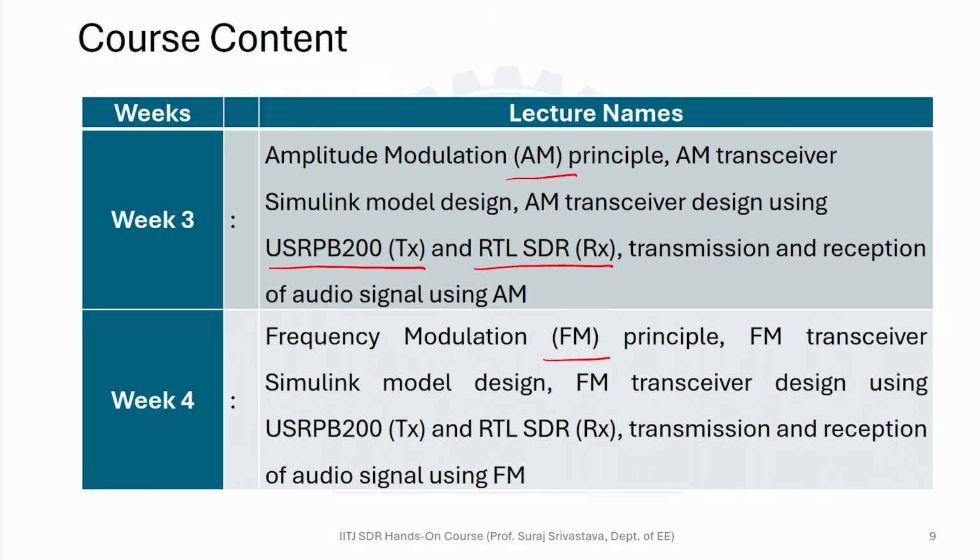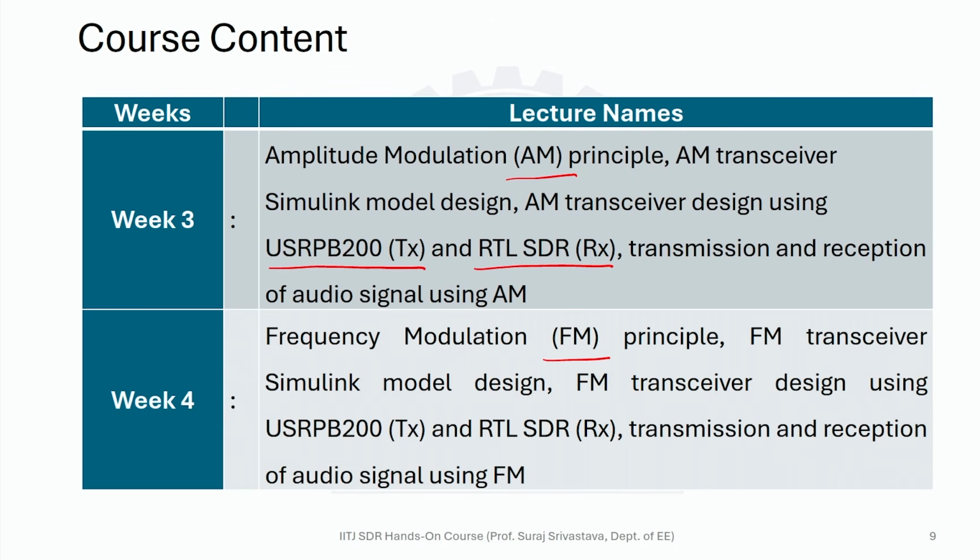Another important thing is that in general, most real world signals in their original form are analog in nature. For example, the human voice or audio signal is analog in nature. So the analog modulation schemes, amplitude modulation or frequency modulation, are ideally suited for real world signals.